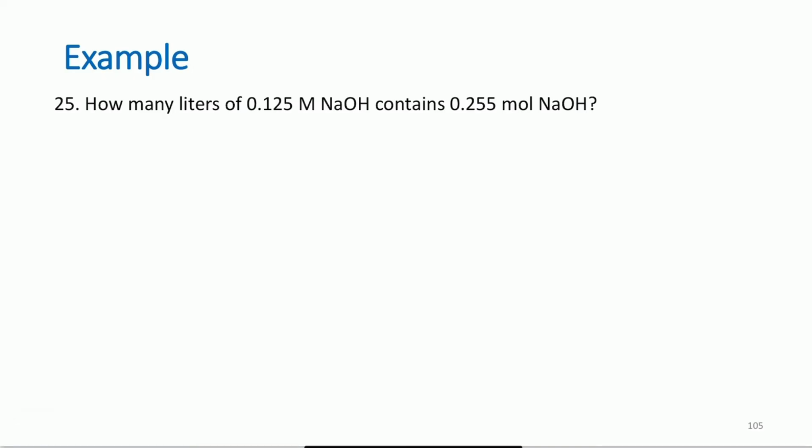25. How many liters of a 0.125 molar NaOH solution contains 0.255 moles of NaOH? So this time I want liters. Number of liters of NaOH. I'm told I want 0.255 moles of my NaOH solution.